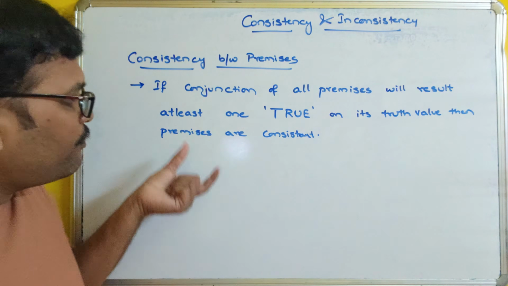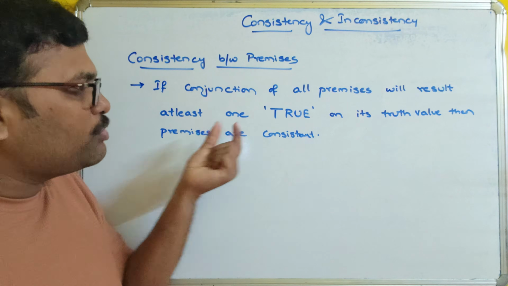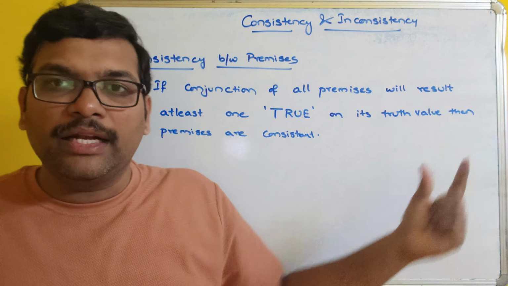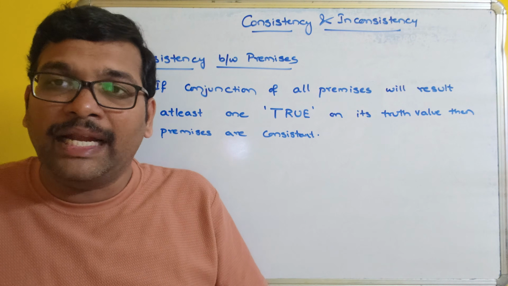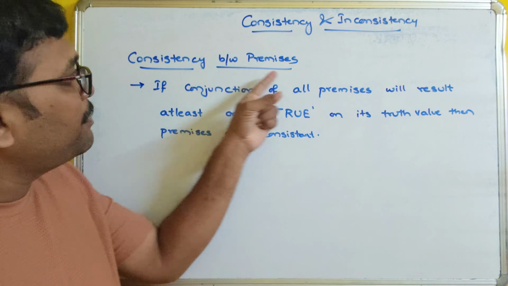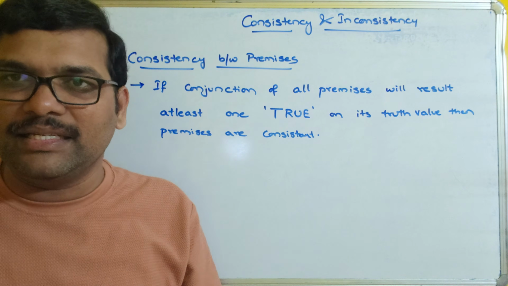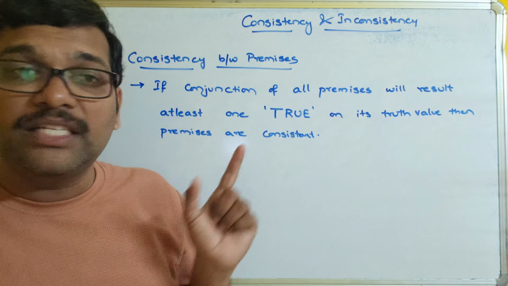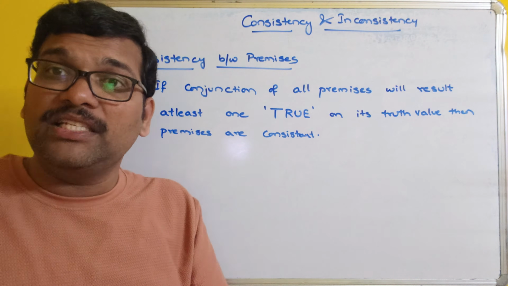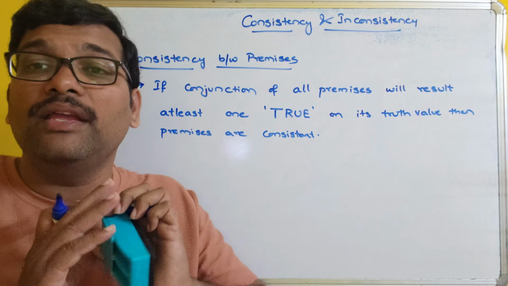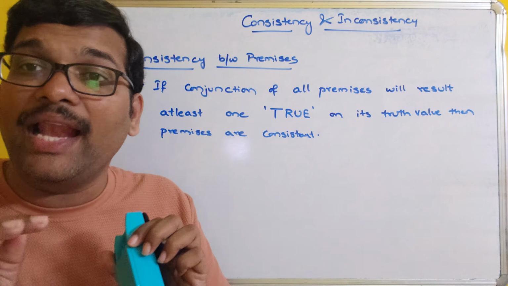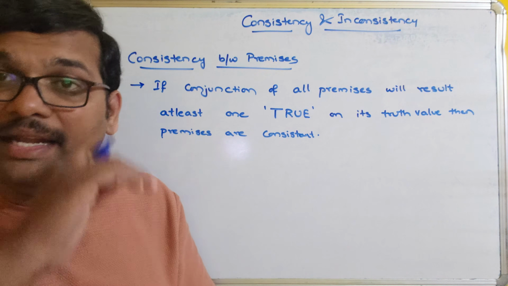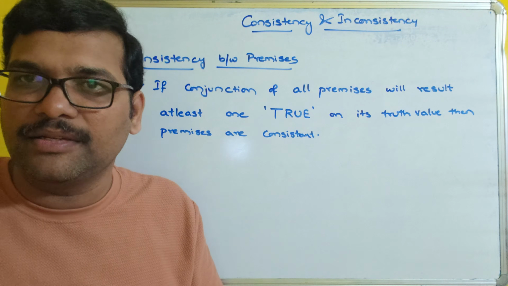If we get at least one true in the truth table, that implies the premises are consistent. So if premises are consistent, it can lead to a valid conclusion, so we can derive the conclusion from the premises.